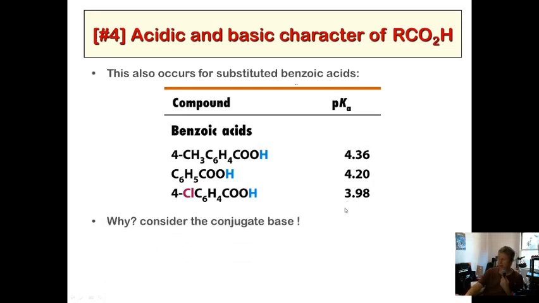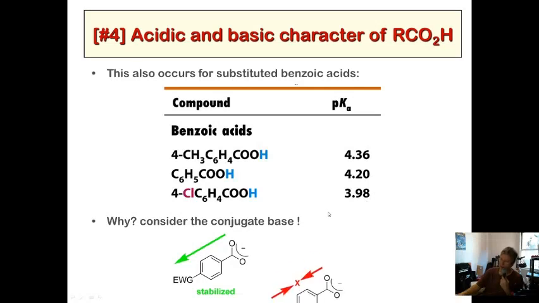And the way I explain this is I consider the conjugate base, and I think of the electron withdrawing group kind of pulling on the electrons through the molecule, through induction, and that's a stabilizing interaction. That's what we have in the chlorine one that causes the low pKa. And then if we have an electron donating group, it's the opposite. So electron donating group, and this is not a huge destabilization, right? But that's what's happening with the methyl. The methyl is pumping electrons in a bit.